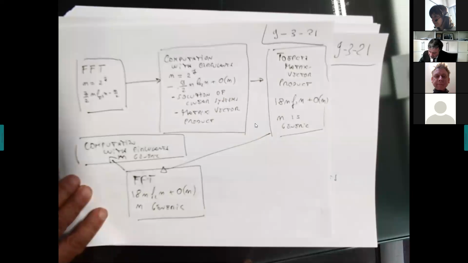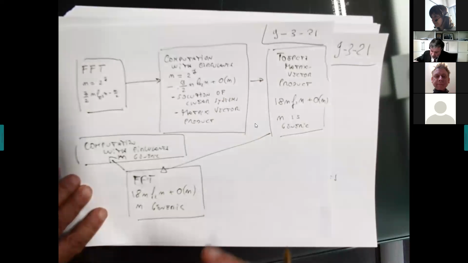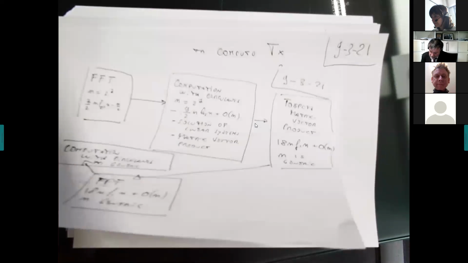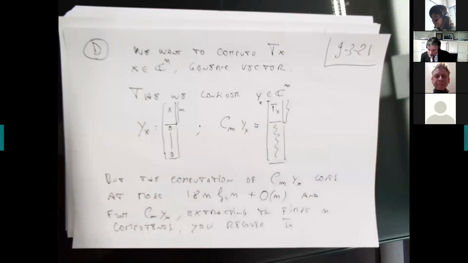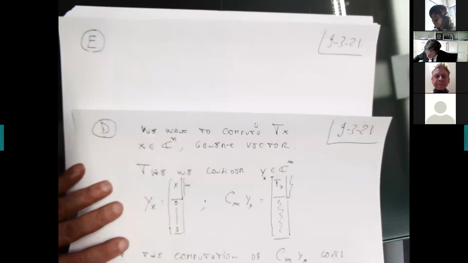We can guarantee that with Toeplitz, the iterative solvers have a cost per iteration which is n log n. Then if you manage to prove that the number of iterations is constant, then also the solver in the iterative sense is n log n. Okay. Thank you. You are very welcome.